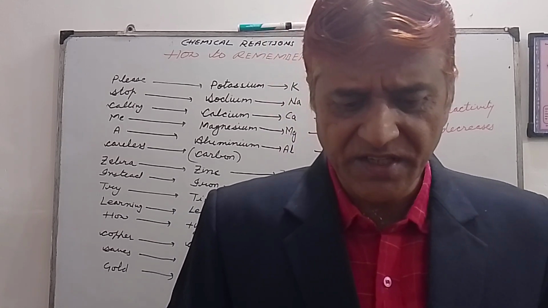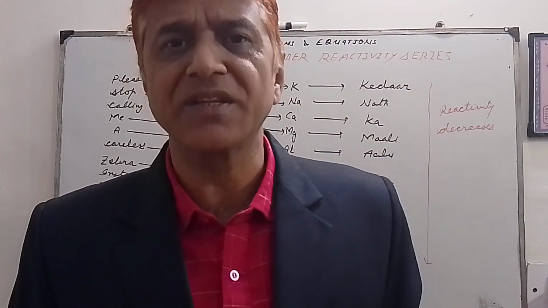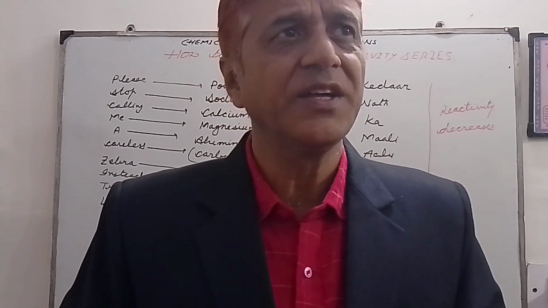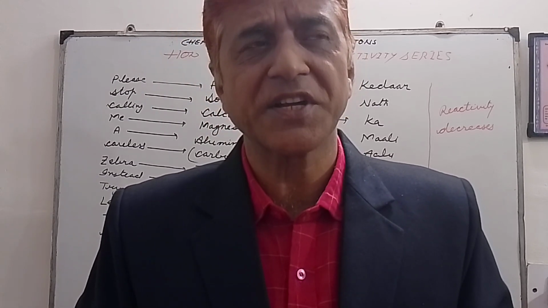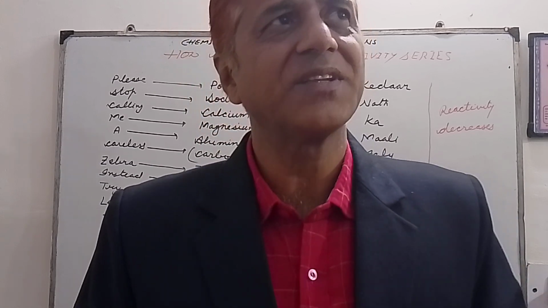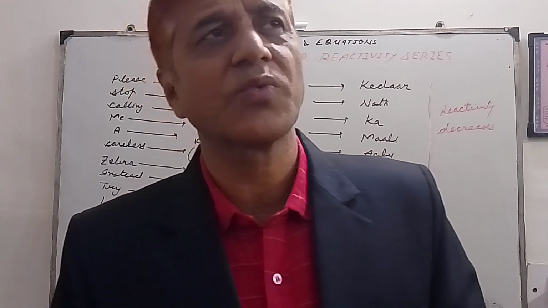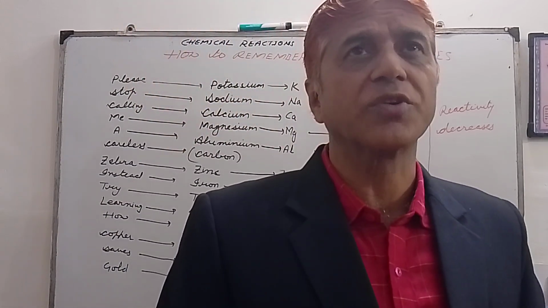So my dear students, let's take a quick revision of the work which we have done in our previous video. We were studying uses of decomposition reactions. For example, in metallurgy, we use these decomposition reactions to extract metals from their ores.